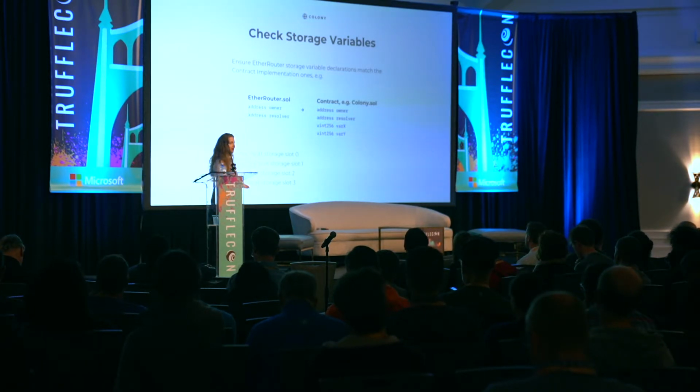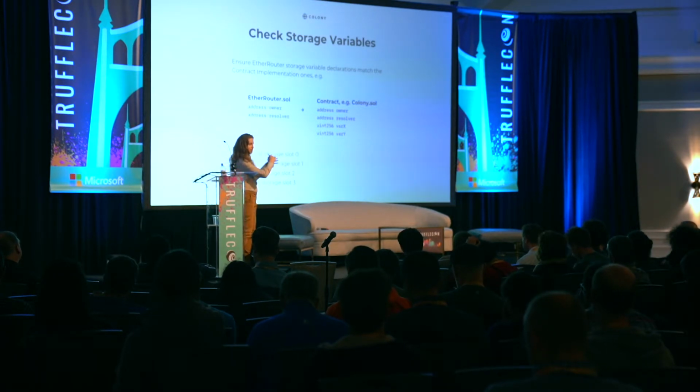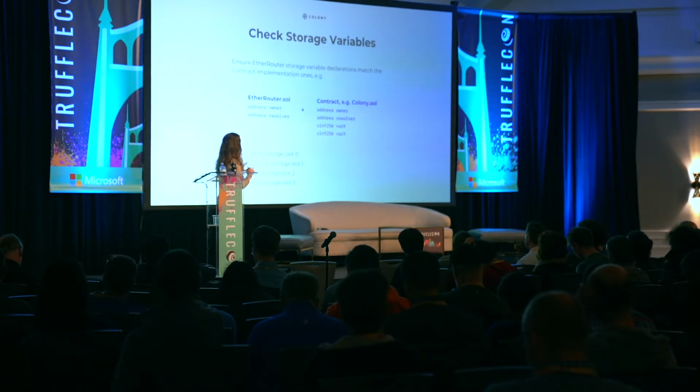You had to know about the tight packing of variables by the compiler. You have to know about how inheritance works, so inherited storage variables get laid out first, and all of these things that you have to be aware of. So all of your contracts have to start that way, so colony knows that the first two slots are accounted for elsewhere and doesn't overwrite them.